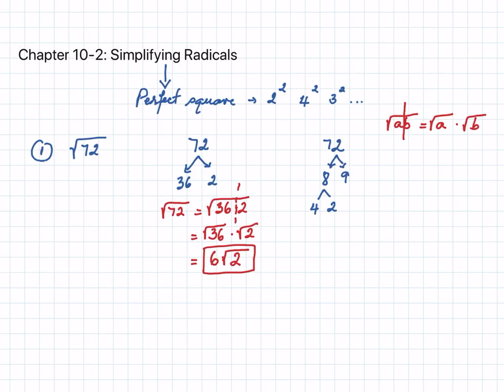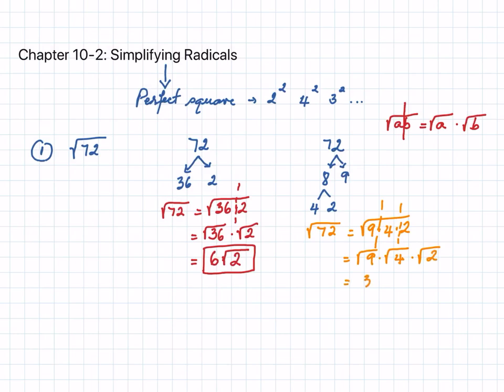Or you can have the other one over here. I have 72, I have a 9, a 4, and then a 2. I'm going to split it up. That should give me square root of 9, square root of 4, and then square root of 2.